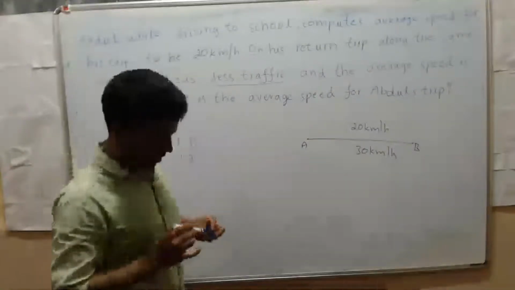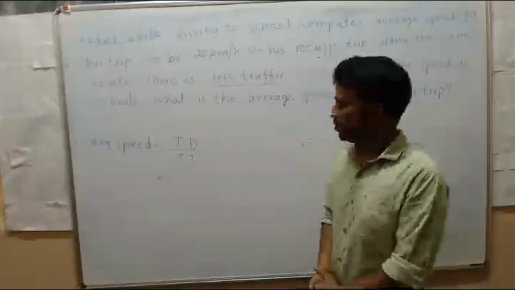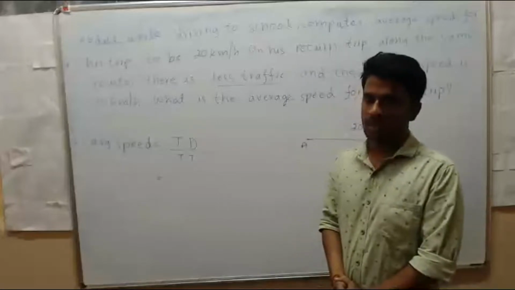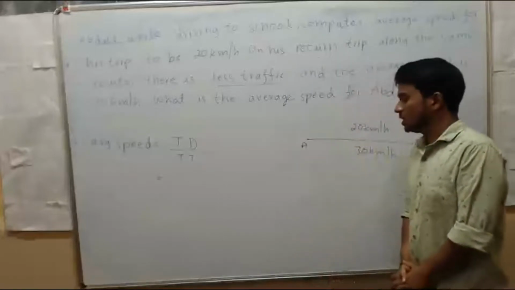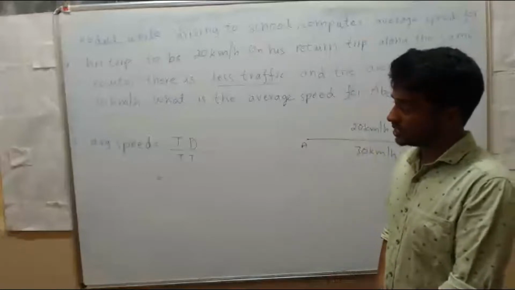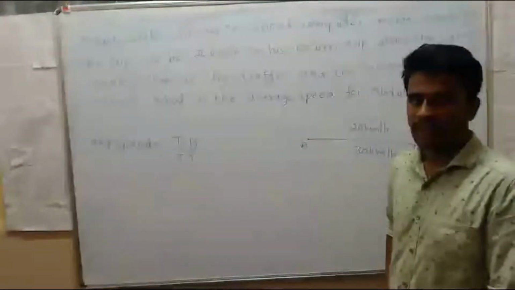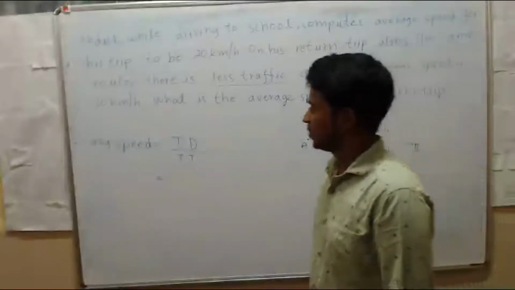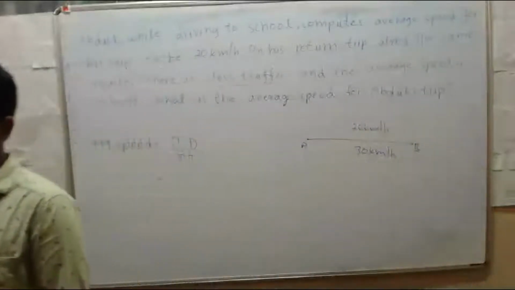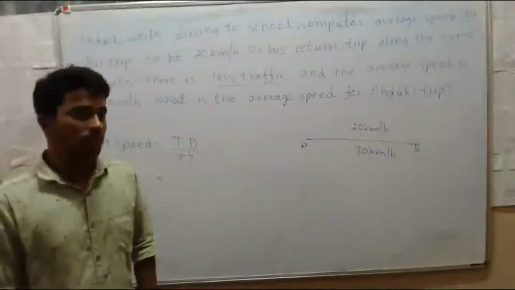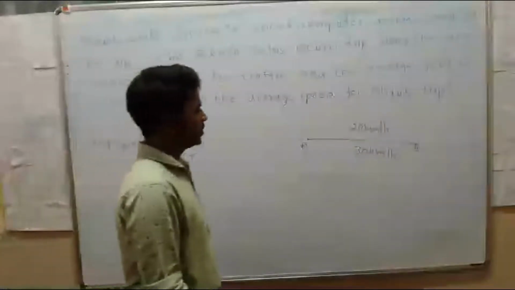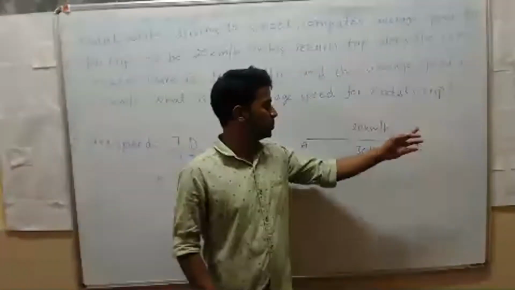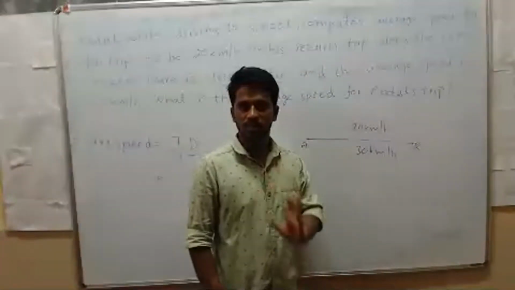But here we don't know the total distance and the total time taken. How to calculate that average speed? Just observe here, while traveling from A to B and B to A, something is the same.